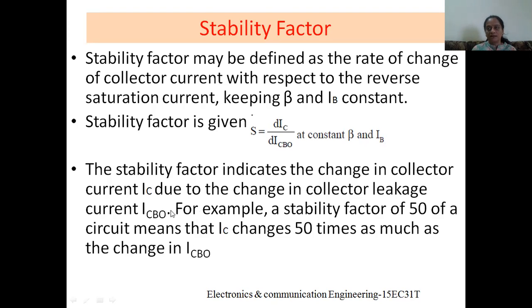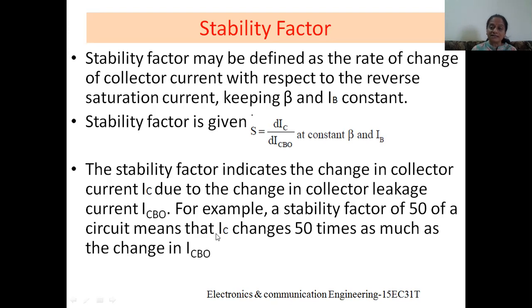So stability factor indicates the change in collector current due to the change in collector leakage current. To understand in a better way, for example, suppose one amplifier circuit is there, in that we mention that the stability factor is 50. It means that the collector current changes 50 times as much as the change in ICBO. Suppose 1 microampere of reverse saturation current changes, 50 times of that the collector current changes.